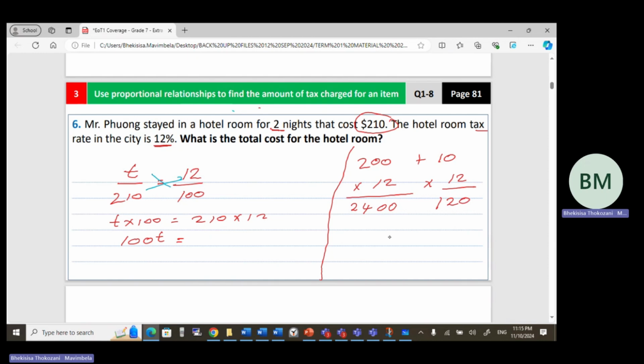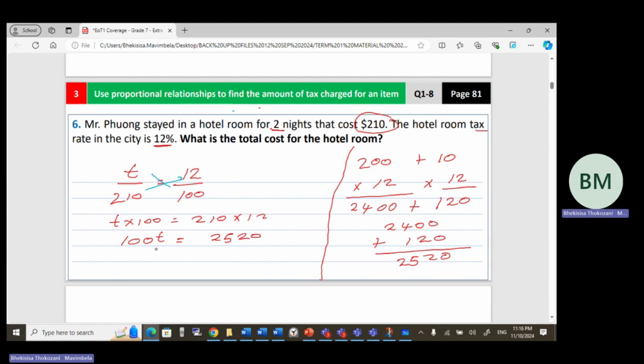Then you add these two. Remember, you need to add them together. So now you have 2,400 plus 120. Then this is 2,520.